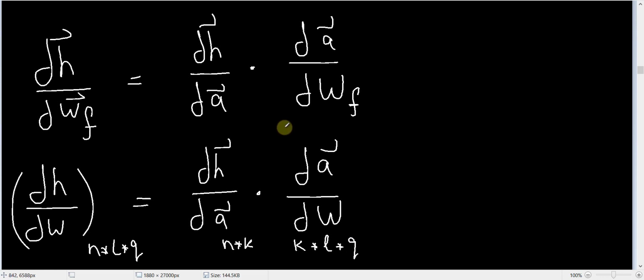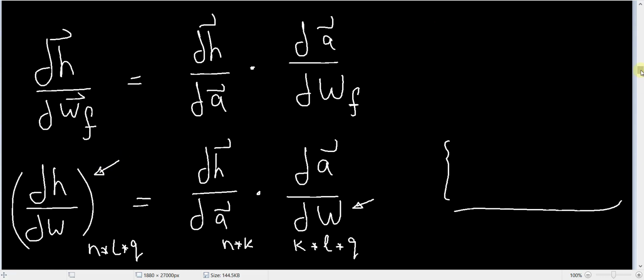Now the result we achieved tells us that to do this multiplication, we first flatten this matrix W in order to transform this into a 2D array, having dimensions of K as height and then L by Q as width. After that, we do the multiplication in the original regular way of matrix multiplication, and after that we will get dH by dW flattened. Now we can unflatten this quantity again in order to produce this 3D tensor having dimensions of n by L by Q.